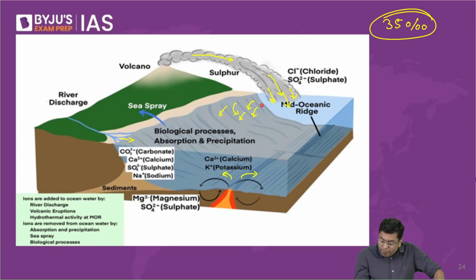Why hasn't the amount of salt increased substantially? That is because over a period of time, many of these salts combine to form larger particles, and when they do, they start dropping and depositing themselves at the bottom of the sea floor.